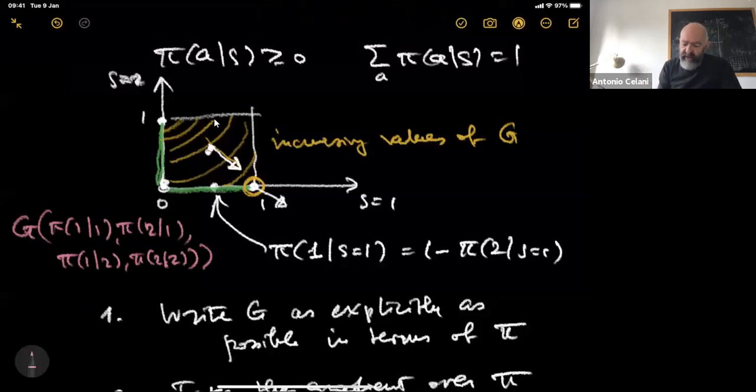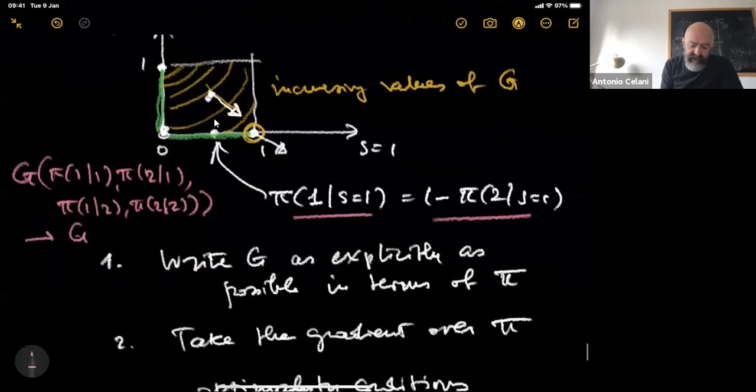But in fact, as I told you, these things are not independent, because the probabilities must sum up to 1. So this is in fact just a function of, by choice, pi 1,1 and pi 1,2, which are the coordinates that I'm writing here. And with respect to them, I'm going to take the gradients.